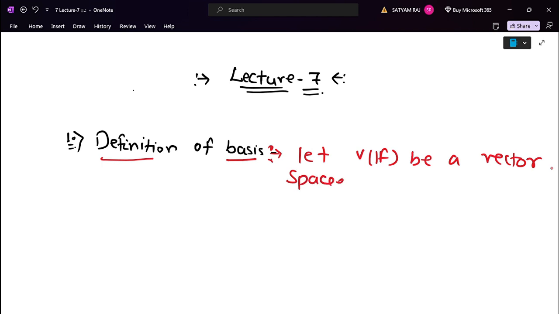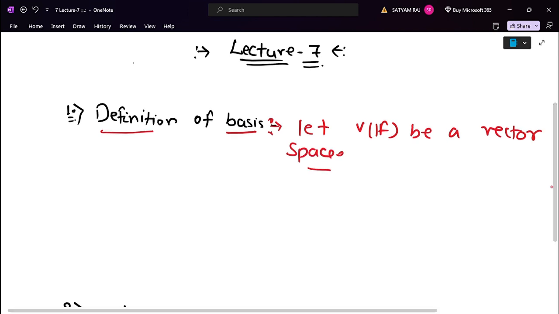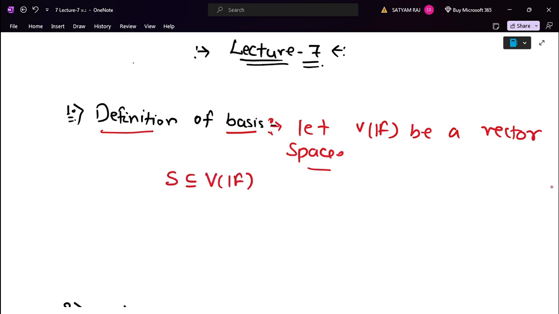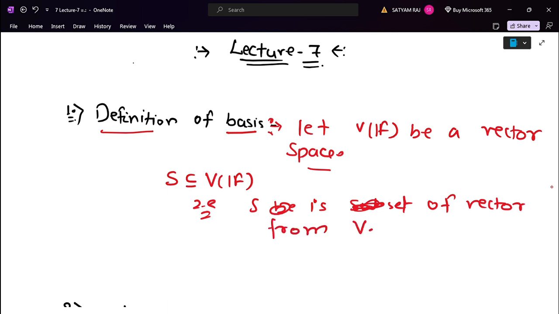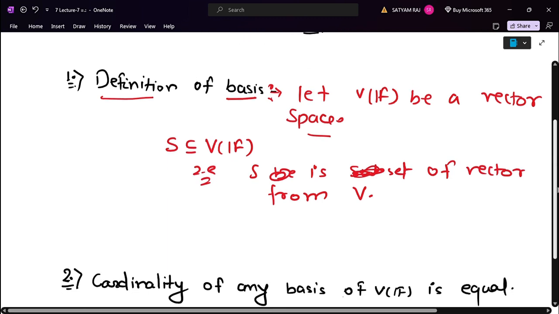We have a vector space V over F. Now S is a subset of V over F, which means S is a set of vectors from V. So we have a set of vectors from V, and V over F is a vector space.